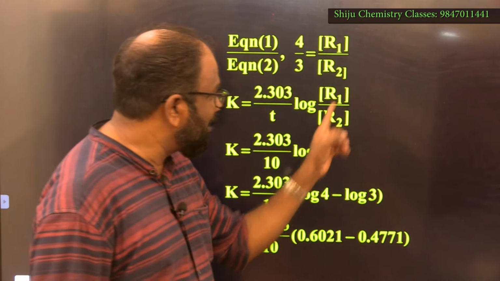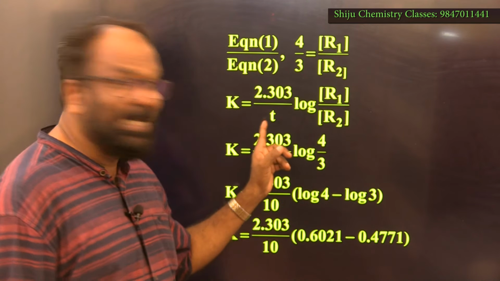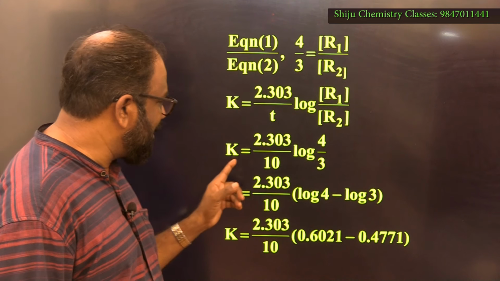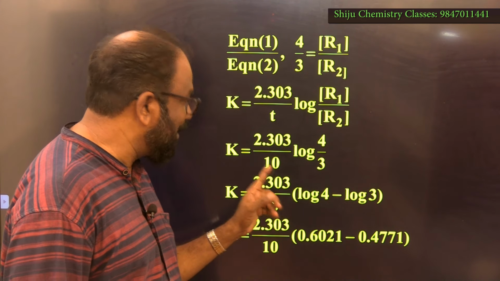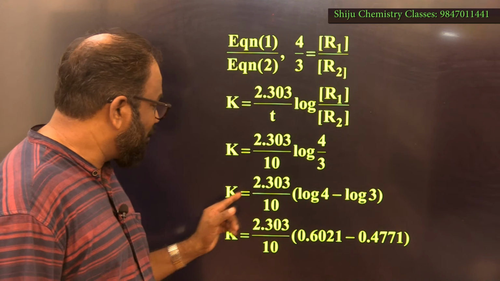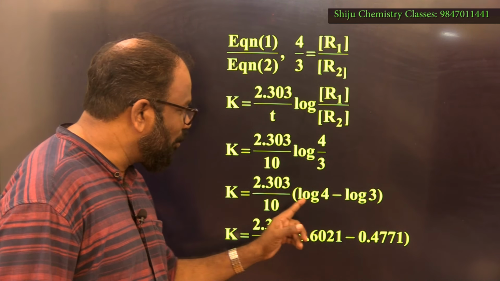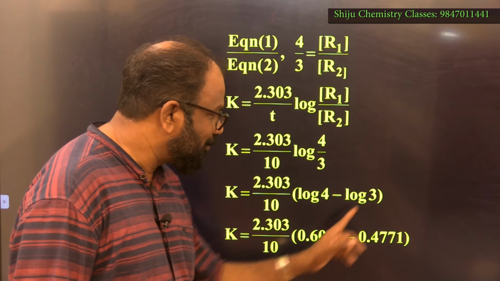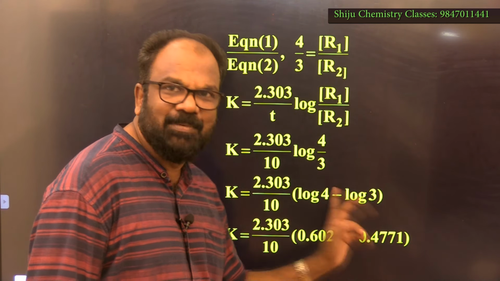We know R1 by R2 is 4 by 3 and the time for the reaction is 10 minutes. Then the equation becomes K is equal to 2.303 by 10 into log 4 by 3. That is K is equal to 2.303 by 10 into log 4 minus log 3. Here log 4 is 0.6021 and log 3 is 0.4771.